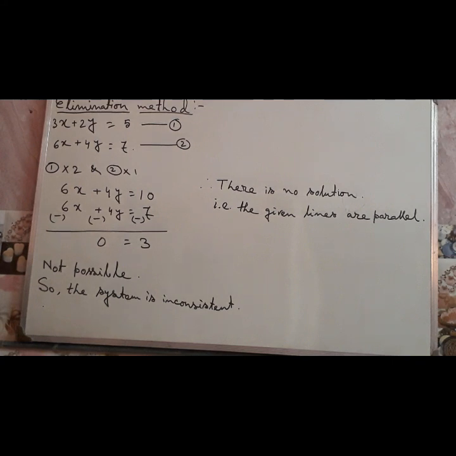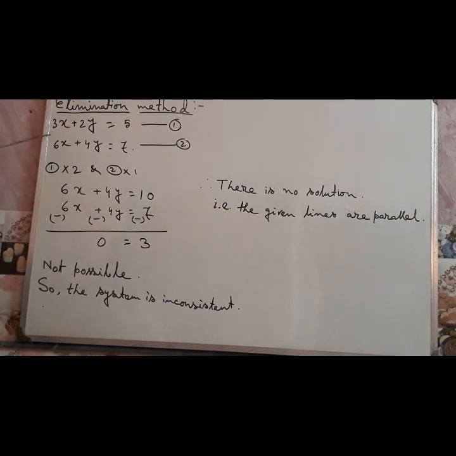Another example to solve by elimination method, that is 3x plus 2y is equal to 5, it is the first equation, and the second equation is 6x plus 4y is equal to 7. Now you see, we want to eliminate the variable x. In the first equation, what is the coefficient of x? 3, and in the second equation the coefficient of x is 6.